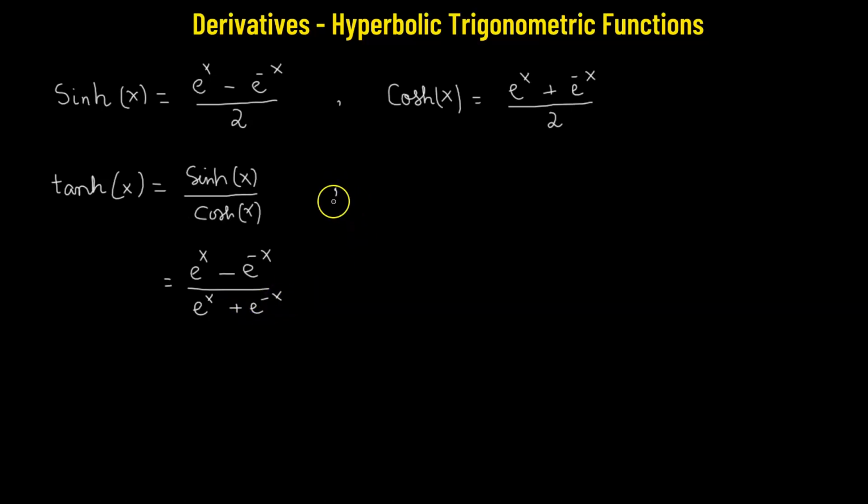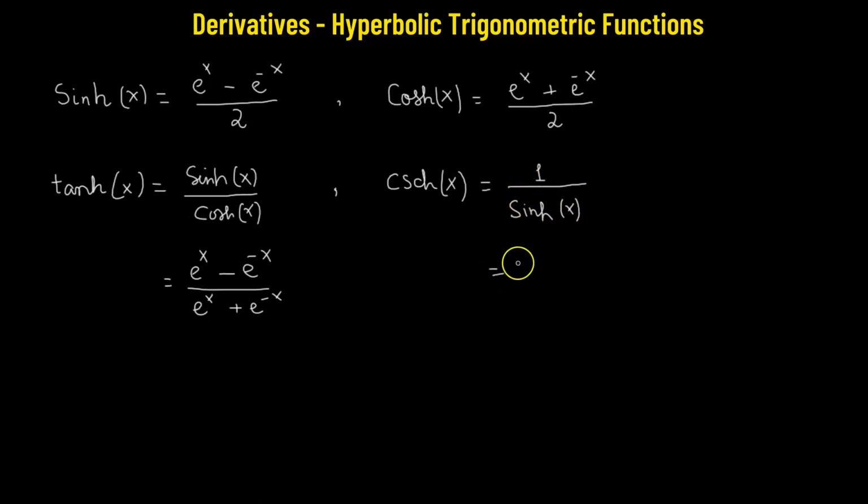So it's quite similar to the trigonometric function, except that instead of trigonometric functions, we have hyperbolic trigonometric functions. Then the cosec hyperbolic of x will be defined as the inverse of the sine hyperbolic function.